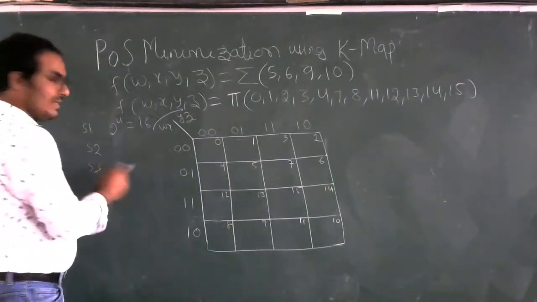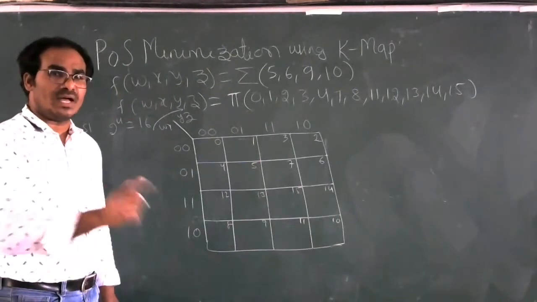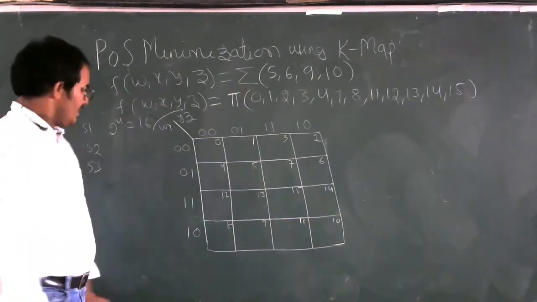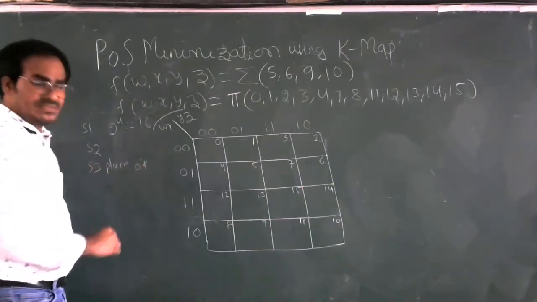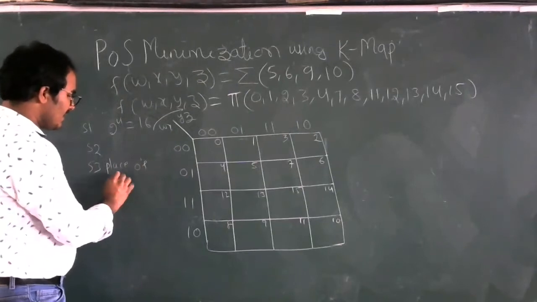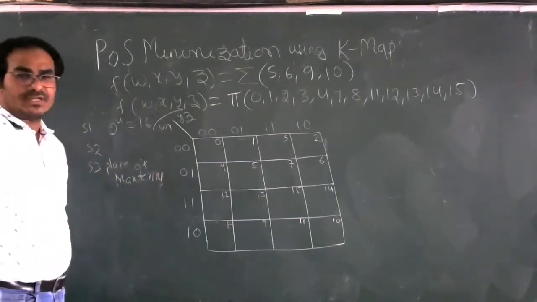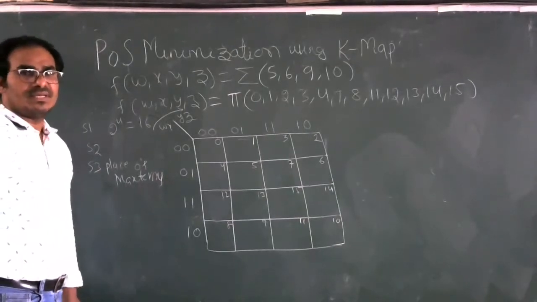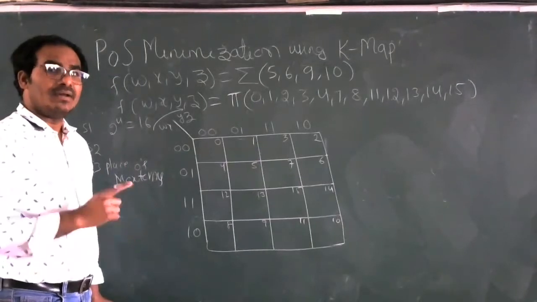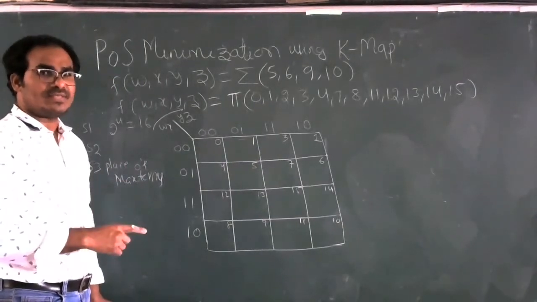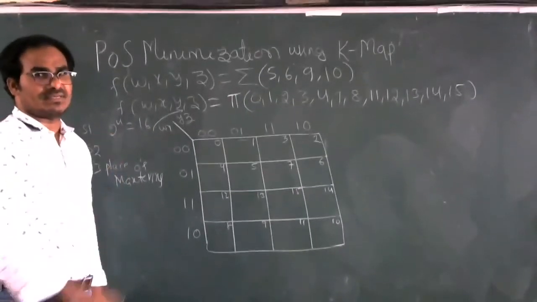So what is our next step? Step number 3. In the SOP, place ones in the cells that correspond to the minterms. In the case of POS, place zeros in the cells that correspond to the maxterms.